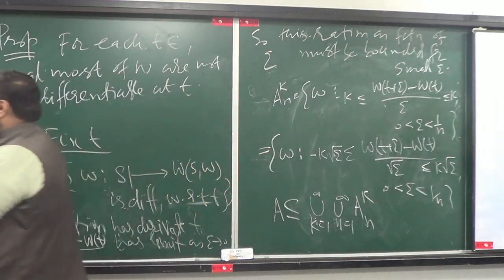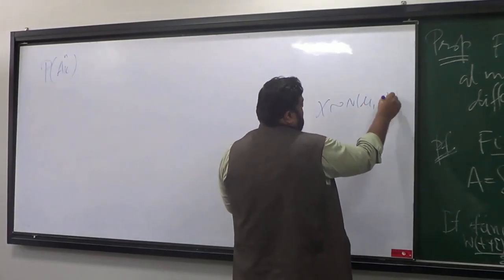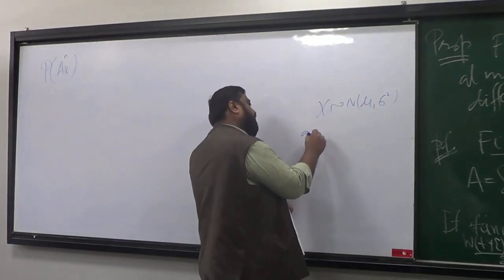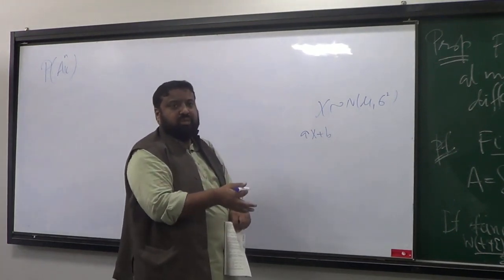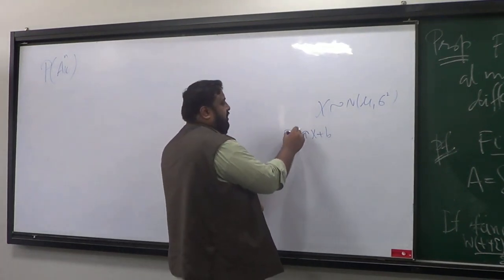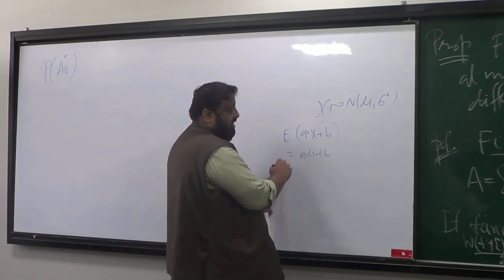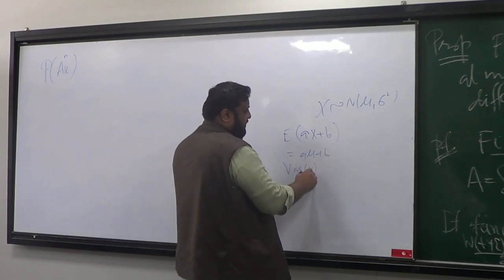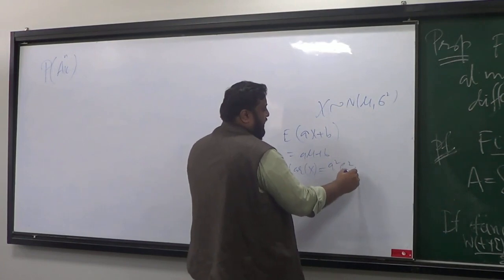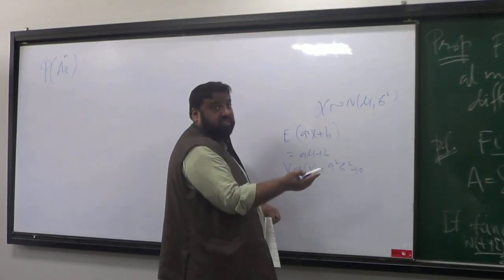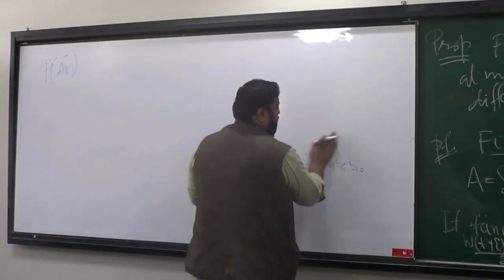If X is normally distributed with mean mu and variance sigma squared, and you want to know the distribution of aX plus b, it's for sure going to be a normal distribution. The mean is going to be a mu plus b, and the variance is going to be a squared sigma squared.